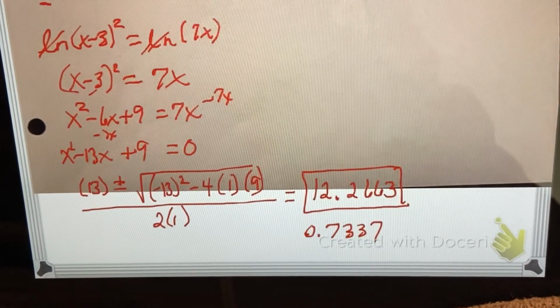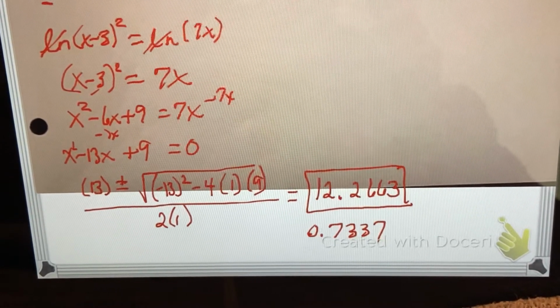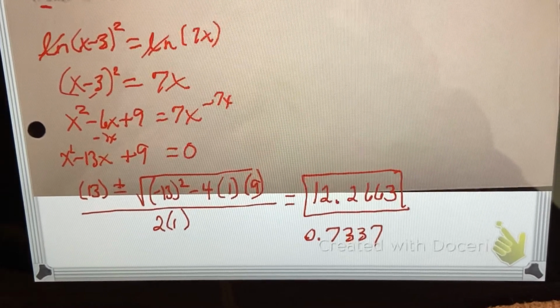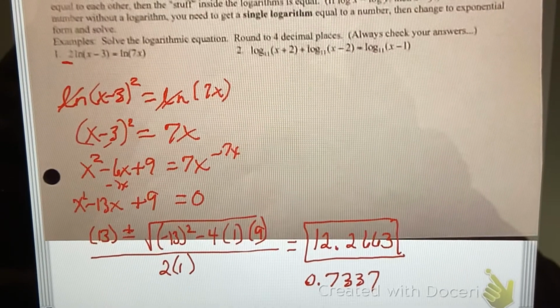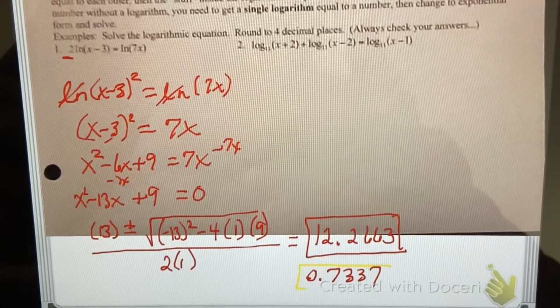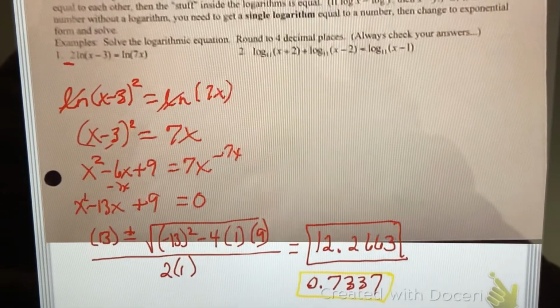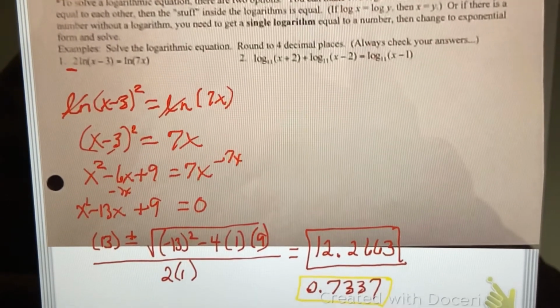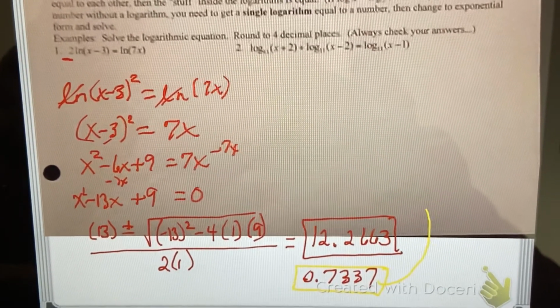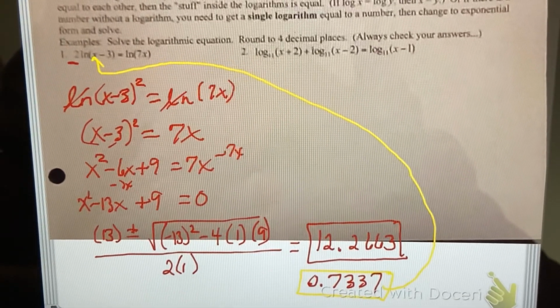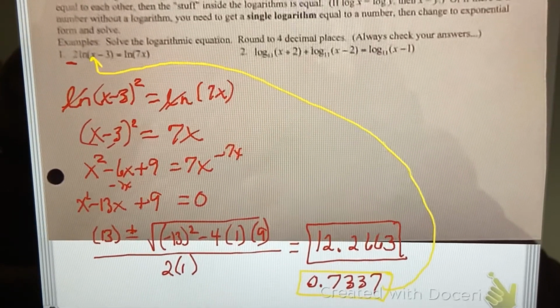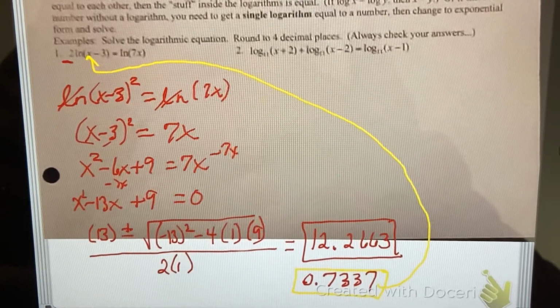It was scratched out in my notes, but the reason I scratched it out is when I go back and check 0.7337, I know 12.2663 is okay, but when I come back up here and plug that answer in for x, because that's what I'm doing, plugging it back into the original problem.